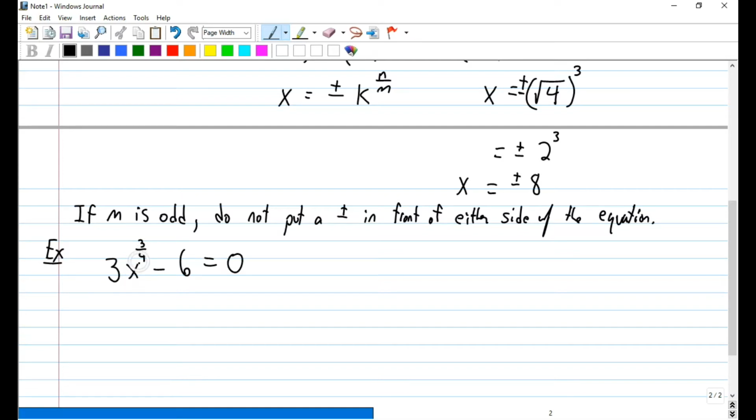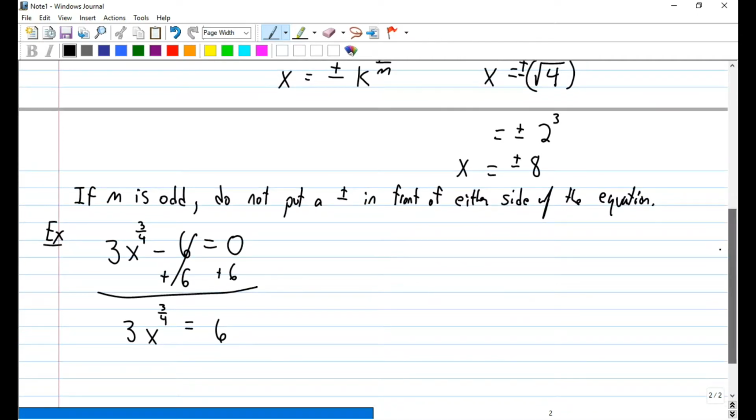I want to get x by itself. So I got to do everything I have to do to make that x by itself. So since I have a minus 6, I want to add 6 to both sides. So that's 3x to the 3/4 equals 0 plus 6 is 6.